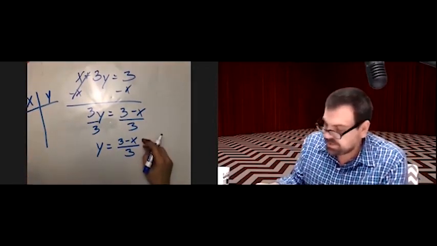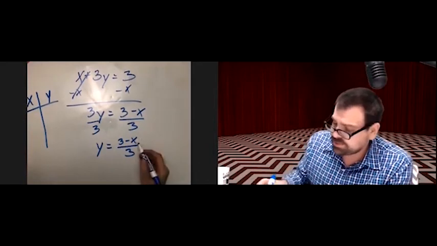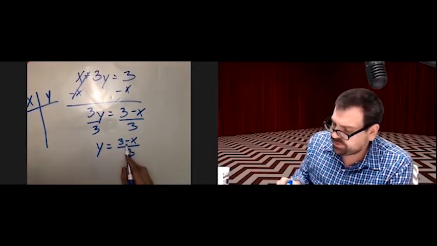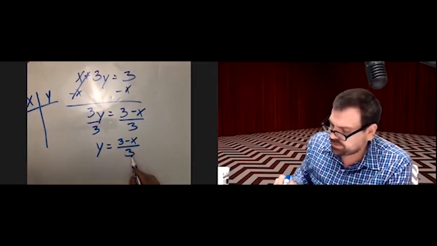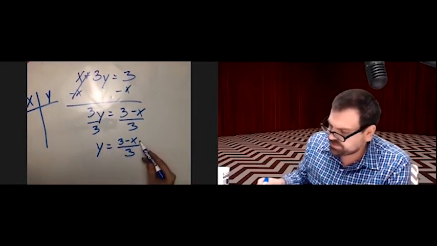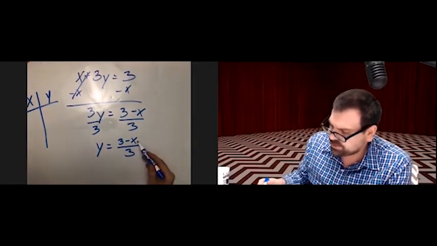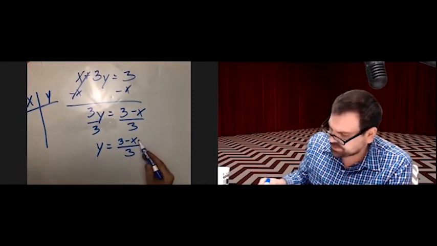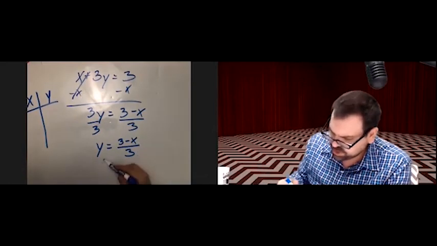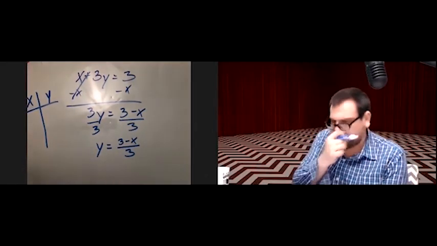If I just randomly pick some x's, I'm going to run into the same situation, but it has to be something that I can go 3 off of and then divide by 3. So since we're going to be skipping 3 off of it anyway, if x was divisible by 3 and we did 3 minus that x and divided by 3, we should get some nice even y's.